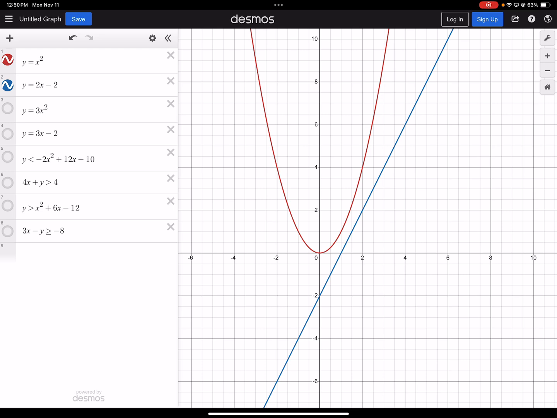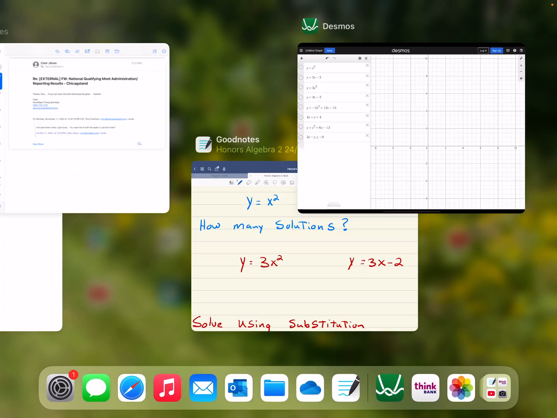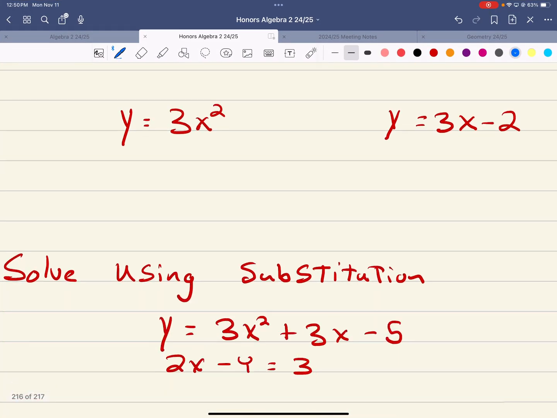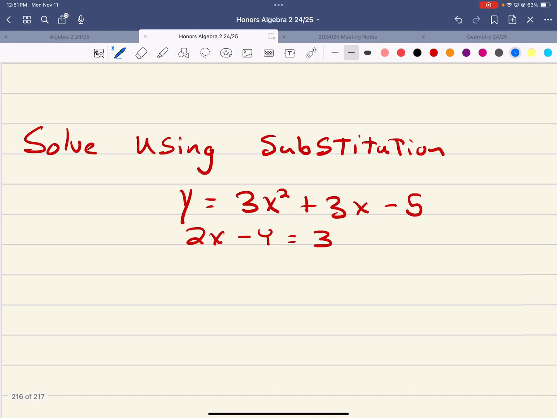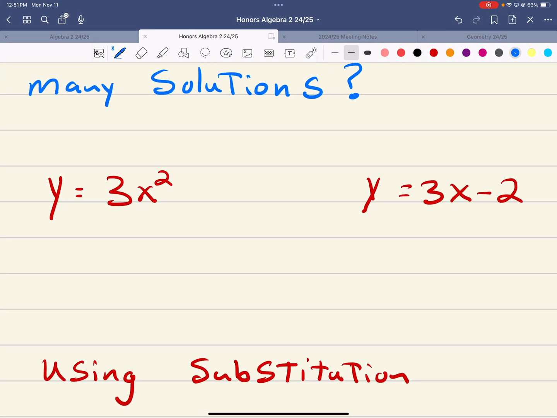So when you're asked the number of solutions, remember you're just looking at the points where they intersect. Okay? Now what I want you to do is go ahead and get your computers out, open up Desmos, and use Desmos to find out how many solutions there are to these two.